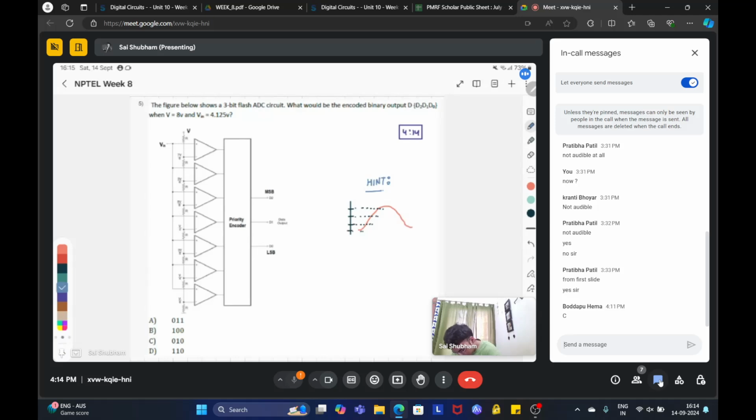So what will happen is that at this point, which is halfway between two states, suppose V0, V1, V2, V3, this point lies halfway between V1 and V2. So all the points before this midpoint will fall to V1 and all the points above this will fall to V2.